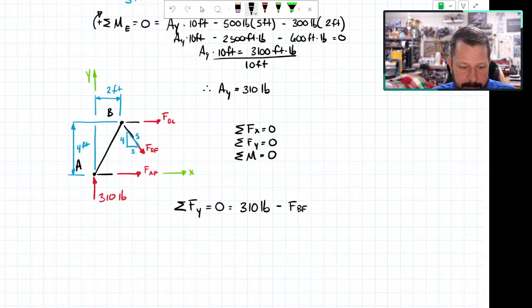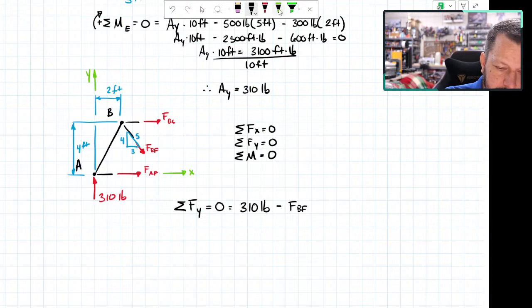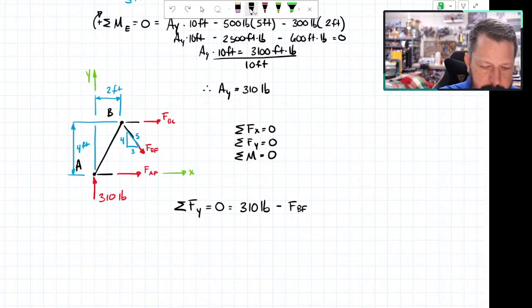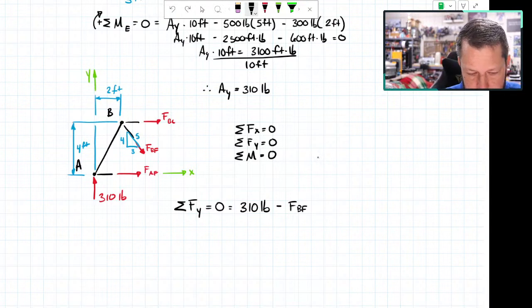So I have this 3, 4, 5 triangle. I could go in there and calculate one of these angles, maybe this angle or that angle. But an even better thing to do is remember the cosine.